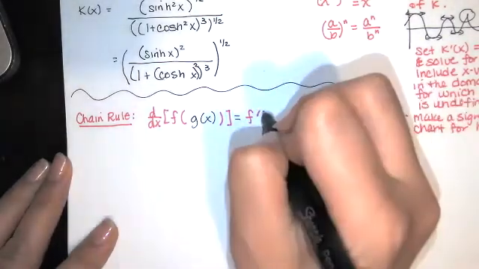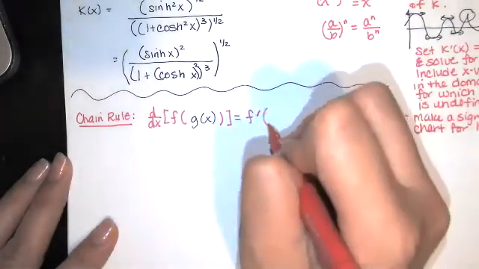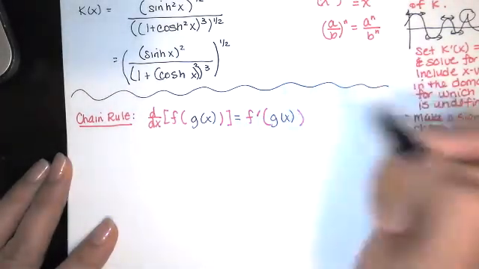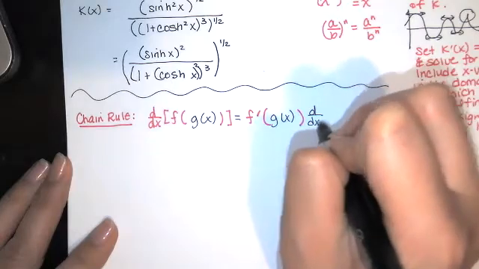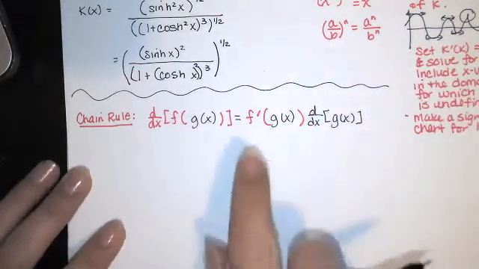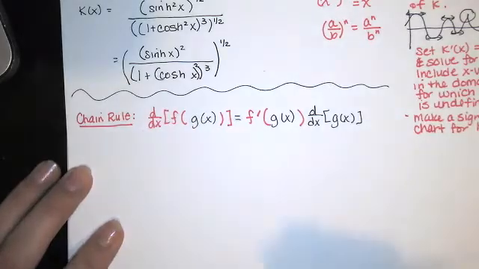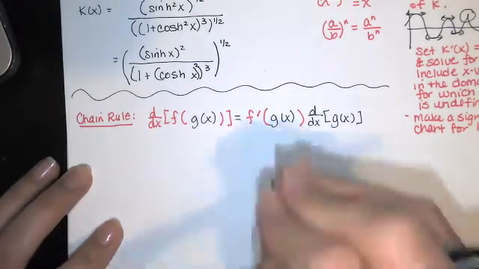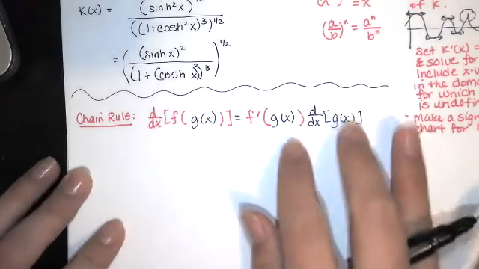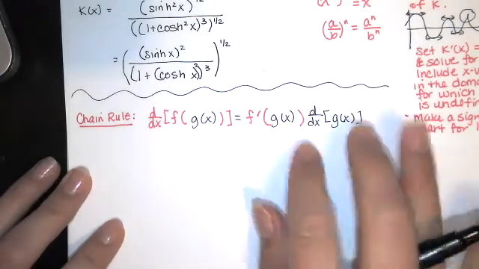And then I evaluate it at the inside function. And then I multiply by the derivative of the inside by the chain rule. That's what the chain rule says. So you take the derivative of the outside function, you plug it back in, you don't do anything to it, and then you multiply by the derivative of the inside. That's necessary. We're going to do that here.